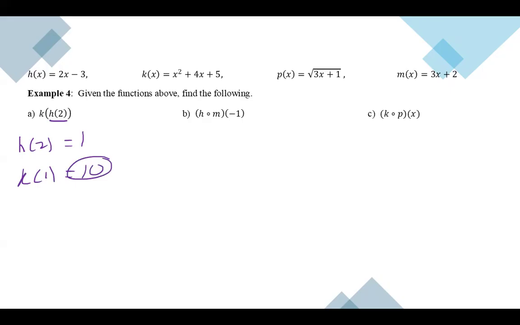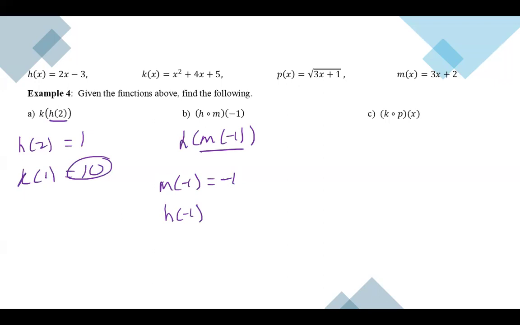All right. On here, H composed of M of -1 means I have H composed of M at -1. So my inside is M of -1. So when you did M of -1, what did you get? -1. Okay. So then we're now going to do H of -1.